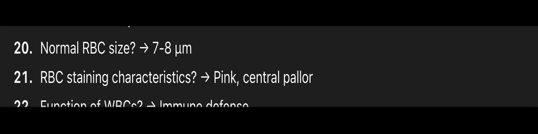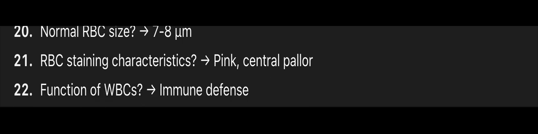What are the red blood cell staining characteristics? So I'm looking at the color and then what is kind of interesting that happens in the middle. So they're salmon pink and they have a central pallor. And that central pallor takes up about 1/3 in a normal red blood cell.